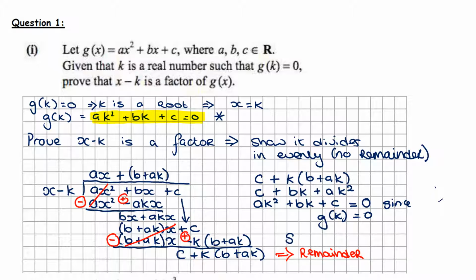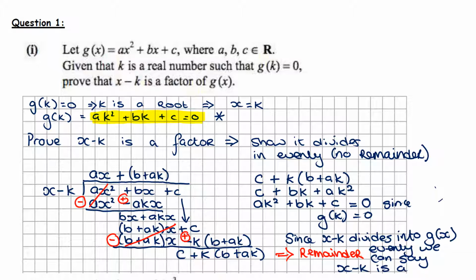so since x minus k divides into g of x, just for shortening purposes, evenly, we can say x minus k is a factor.